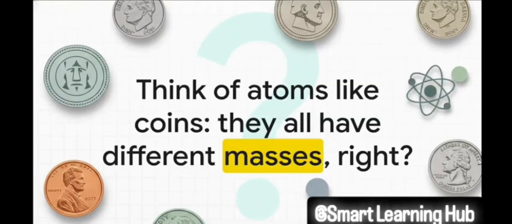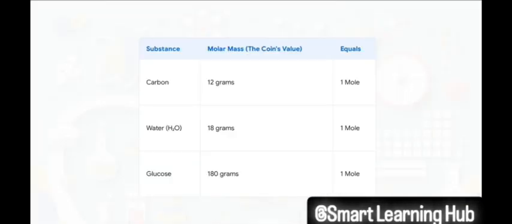Here's another way to think about it that might help. Imagine atoms are like coins. A penny, a dime, and a quarter are all just one coin, but they each have a different weight, a different value. Well, atoms are exactly the same way. A single carbon atom just doesn't weigh the same as a single water molecule. So, take a look at these examples. If you want 1 mole of carbon atoms, you need to weigh out exactly 12 grams.